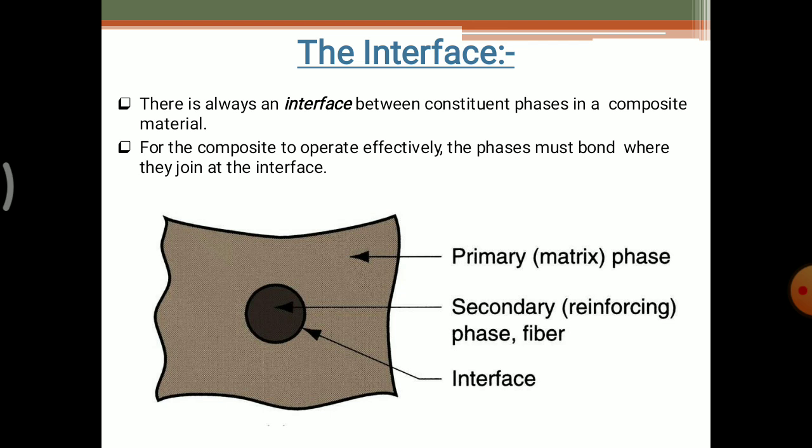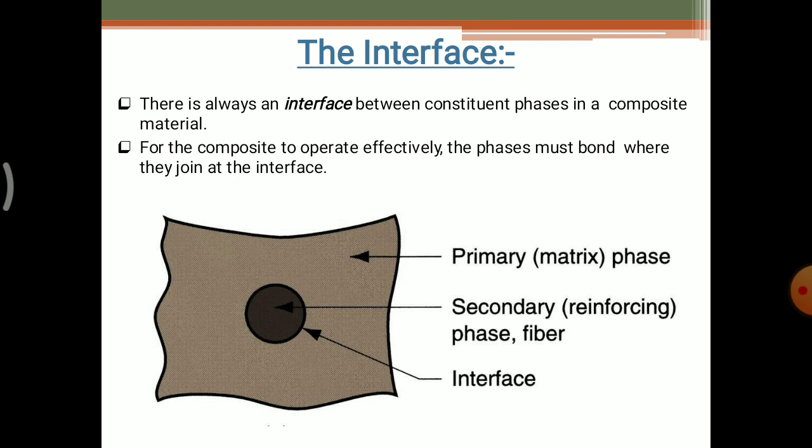So here in the picture you can see the different types of phases observed. There is a dark circle known as the secondary phase, which is the reinforced phase, and here we are using fibers as reinforcements.